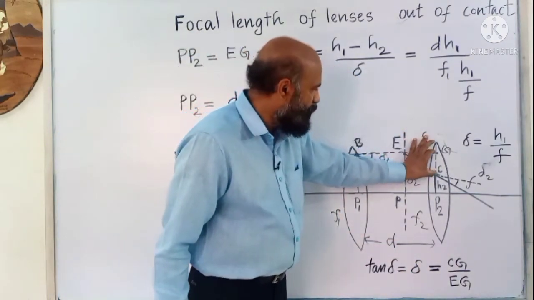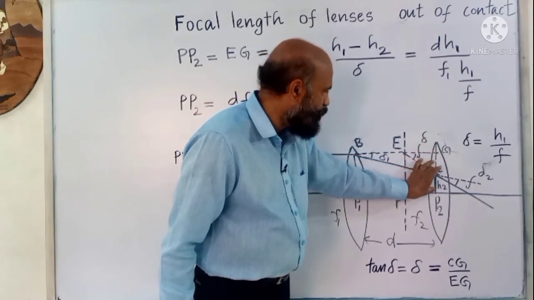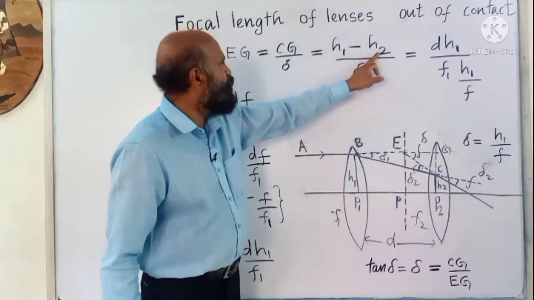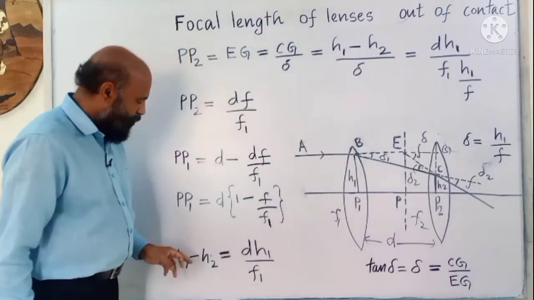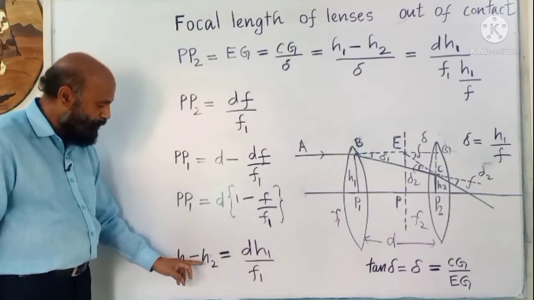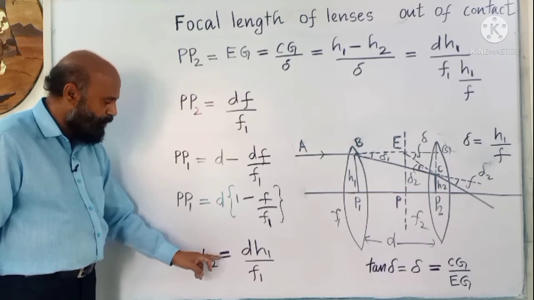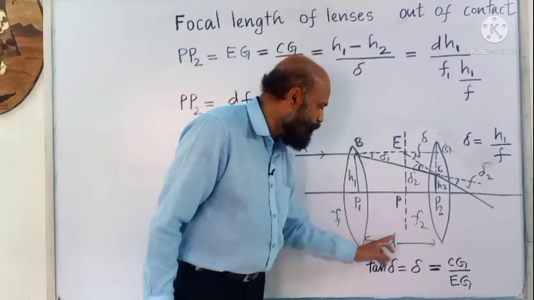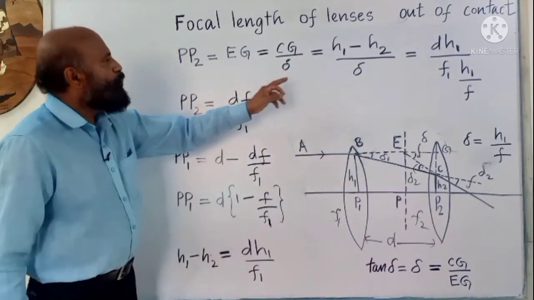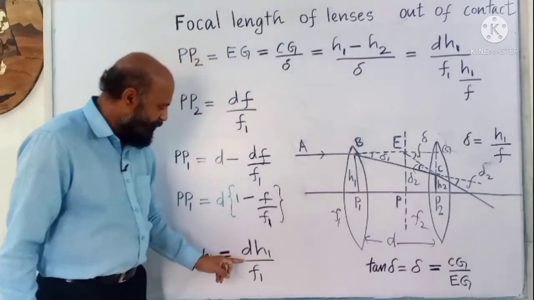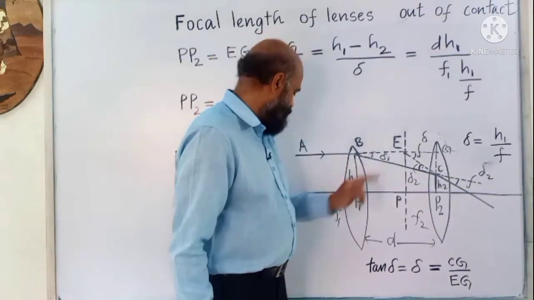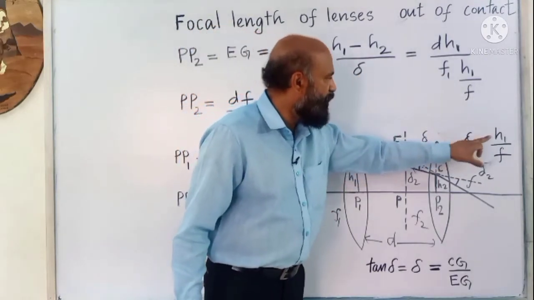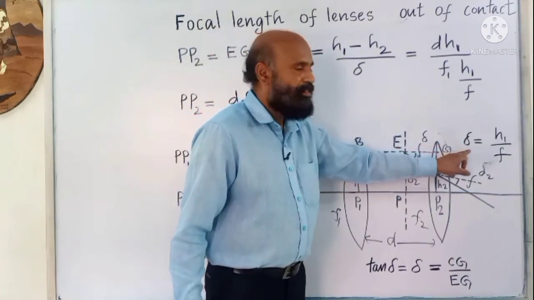Now CG is h1 minus h2. So CG is h1 minus h2 divided by delta. But already we got an expression for h1 minus h2. h1 minus h2 is d h1 by f1, where d is the distance between the lenses. For delta, h1 by f, net deviation is delta.